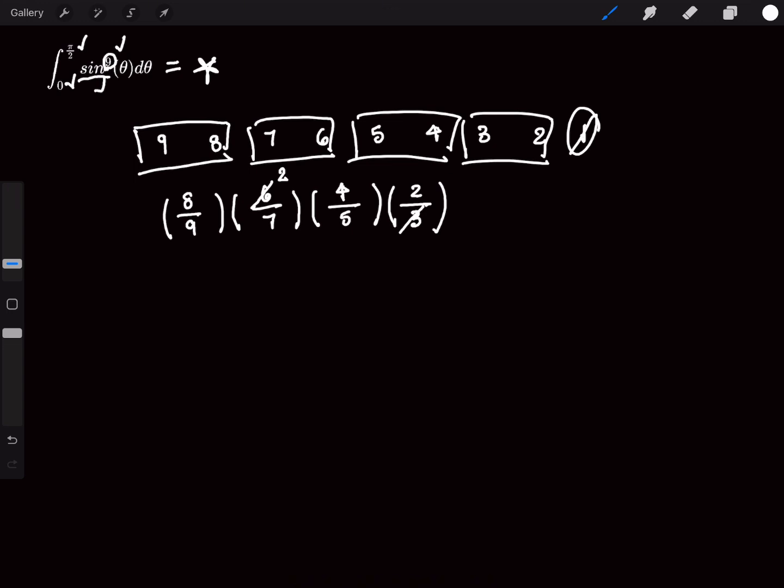So 8 times 8 is 64. I got 8 from here. And then 64 times 2 is 128. And 5 times 7 is 35 times 9. So we get 315. And that is our final answer.